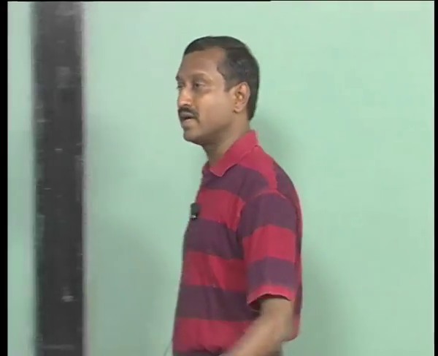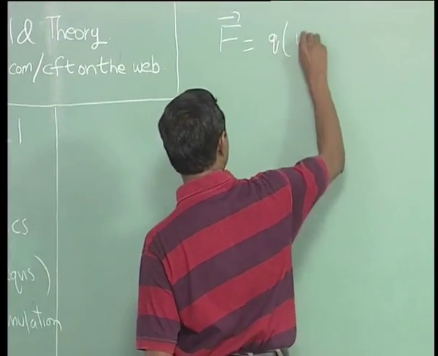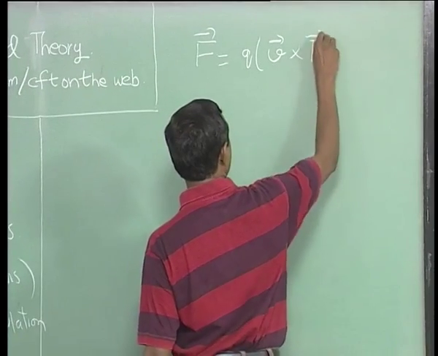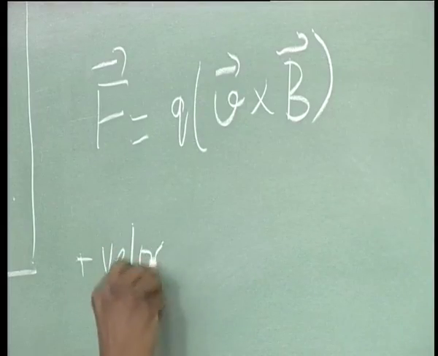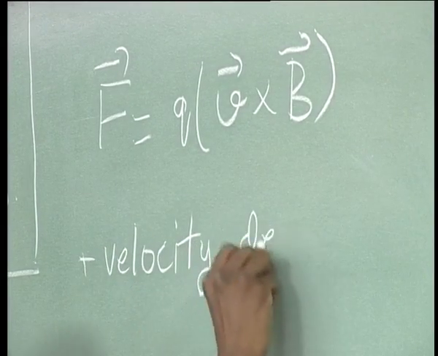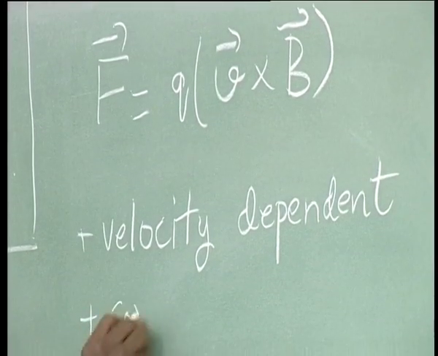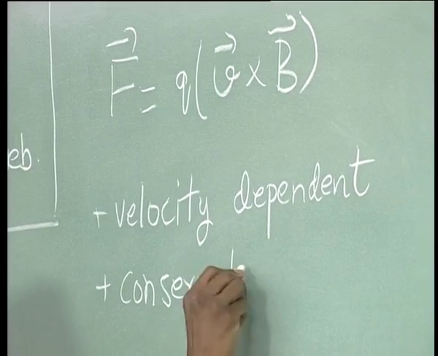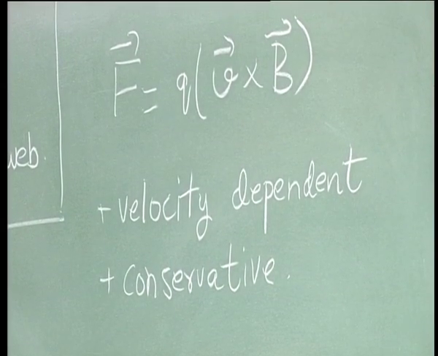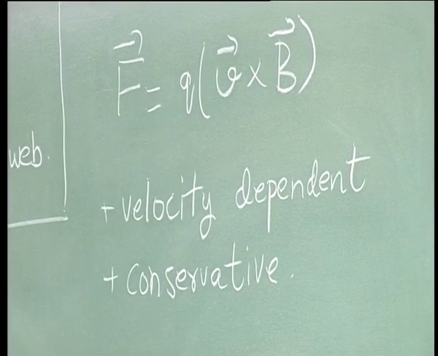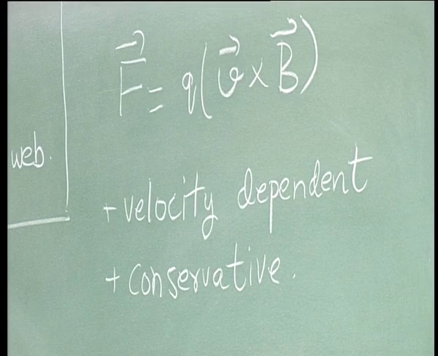Especially the magnetic force, unlike any other force, it is velocity dependent, but nevertheless it is conservative. And so, this is a very nice example which can be completely dealt with in the Lagrangian formalism.